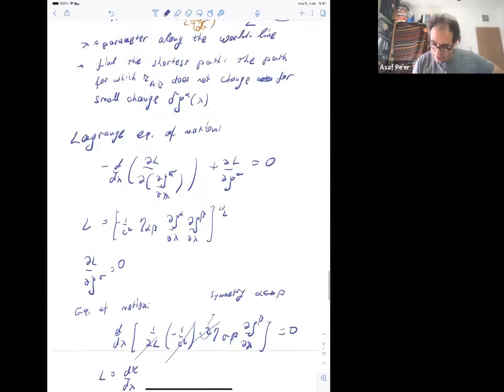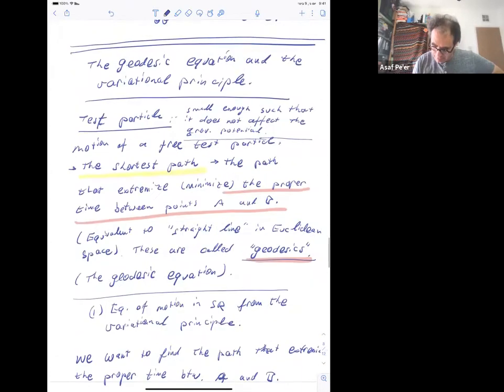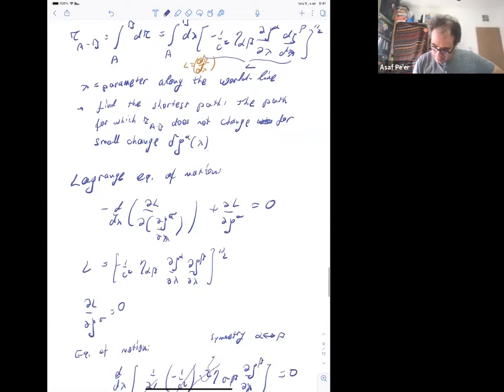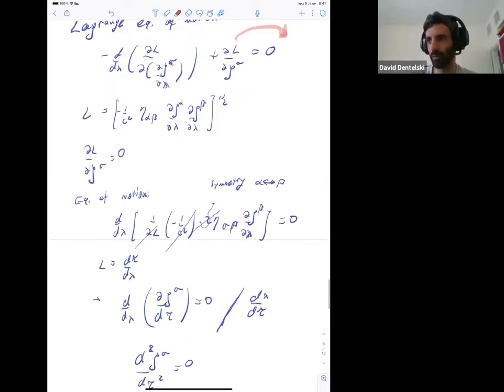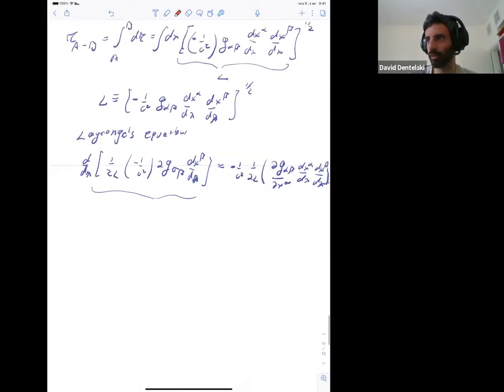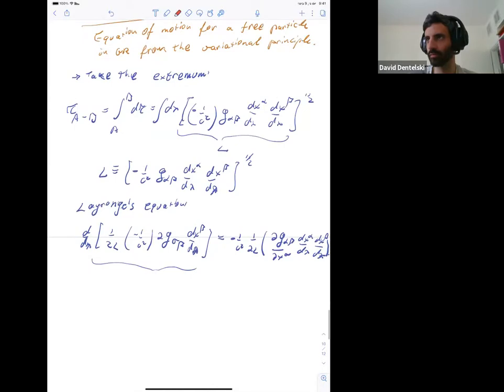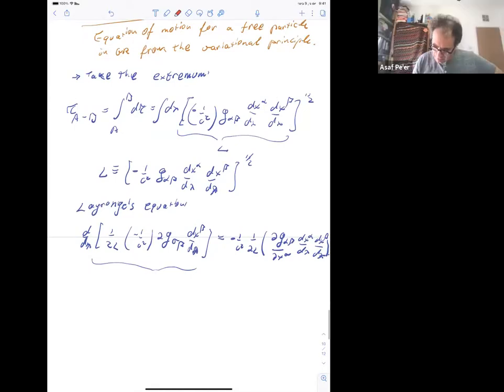So I ended up with an extra factor of minus. Here it was a plus, but now I moved it to the other side. Yeah, but you already have a minus, so it's minus minus.